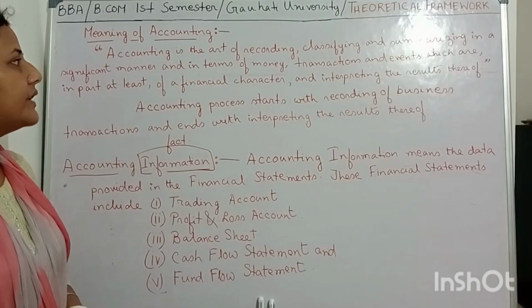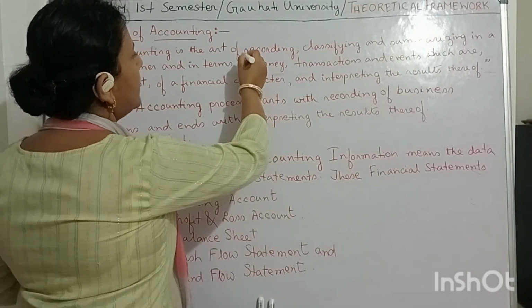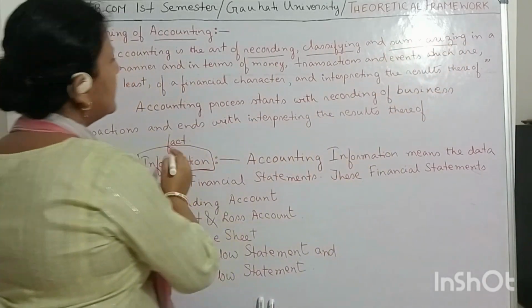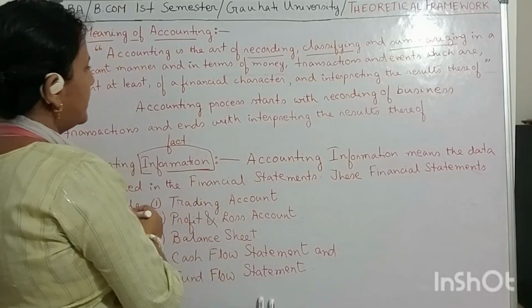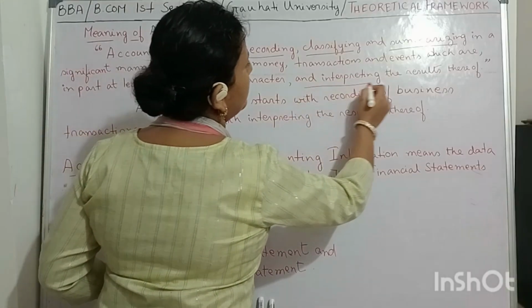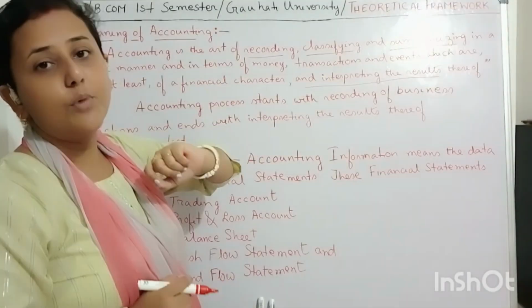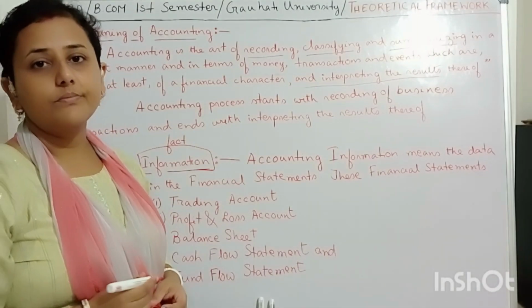And the important line is: accounting is the art of recording, classifying and summarizing in terms of money the financial transactions, and interpreting the results. Not only recording, classifying and summarizing, it also includes interpreting the results.